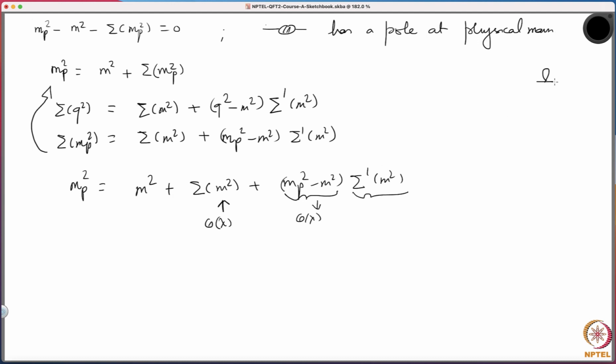That's a derivative of this, and this starts at order lambda, so this sigma prime is also an order lambda term. So this product is order lambda square. This way you can proceed and find the physical mass as a function of m and lambda. This is a perturbation series in lambda.